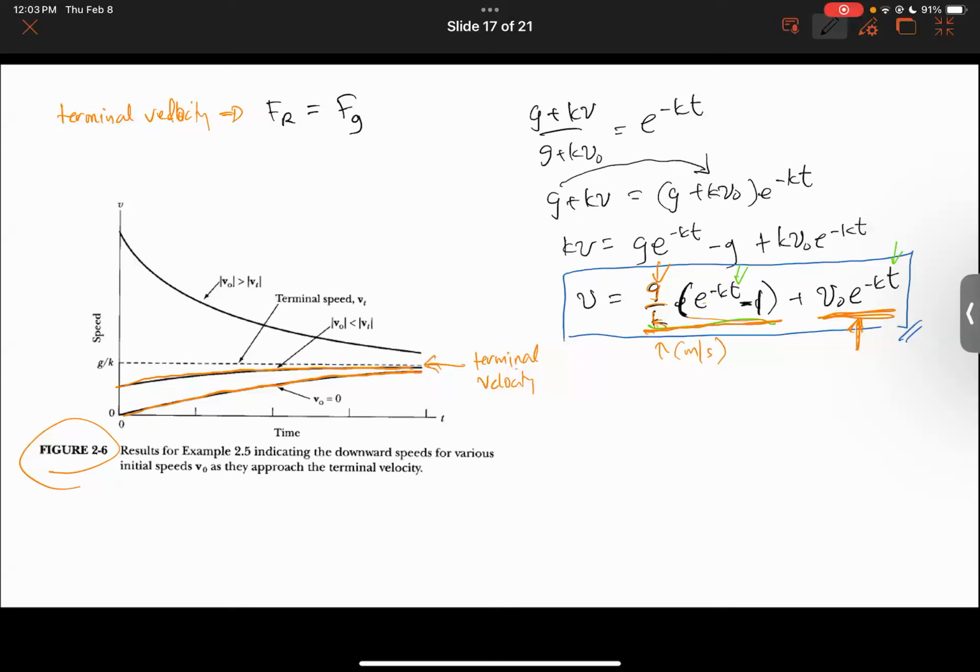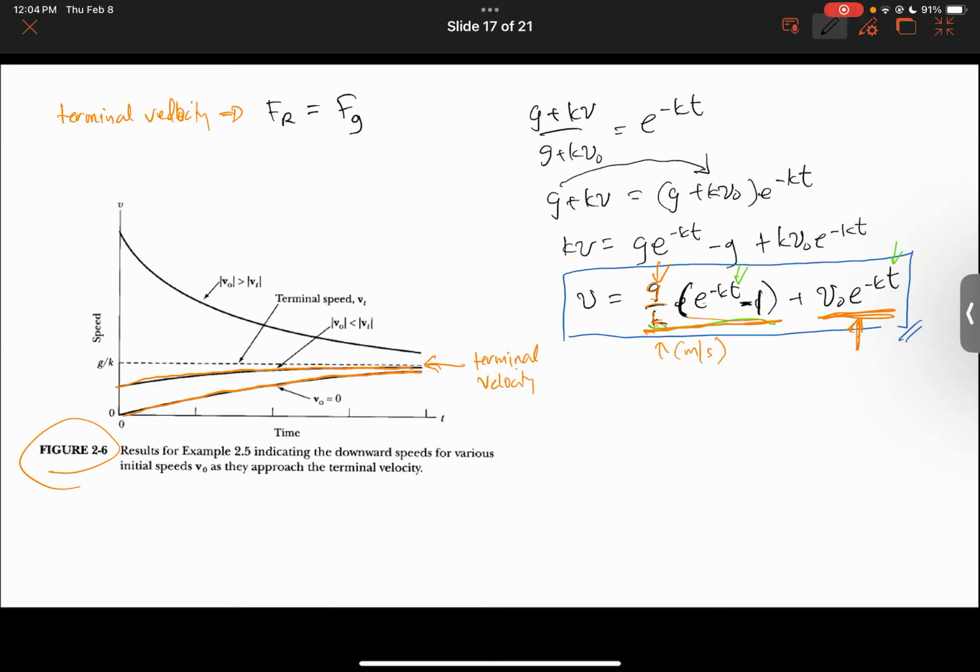And anong implication sa parachutist? Ang implication nun is once it reaches terminal velocity, hindi na mag-increase yung kanyang velocity, kasi hindi na mag-increase yung resistive force. Kaya nga siya tinawag na terminal velocity kasi it's the final velocity of that particle. Yung net force is zero, di ba? So there's no longer an external force that causes the parachutist to accelerate.